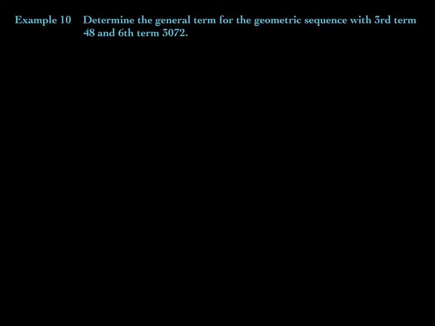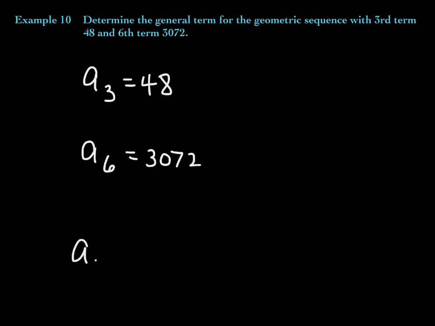The third term is 48. The sixth term is 3,072. Okay? Now, remember that the general term for a geometric sequence looks like this, right?